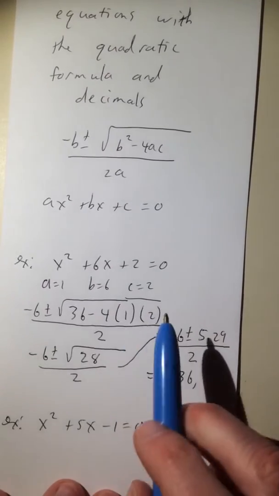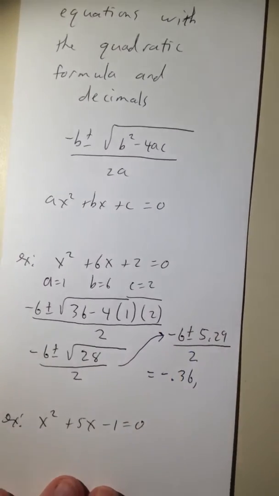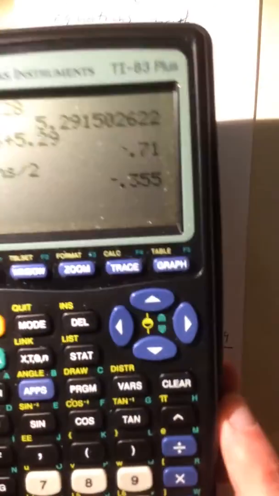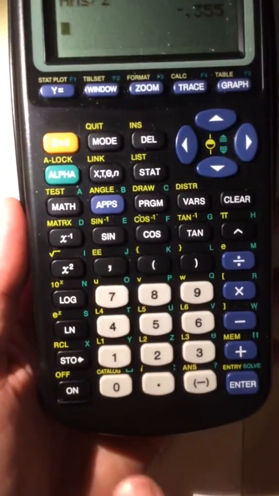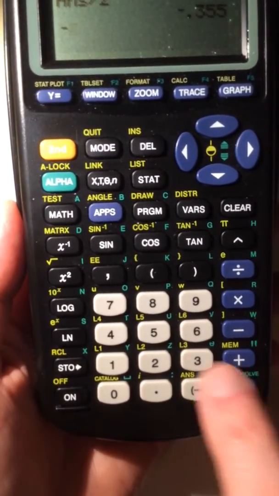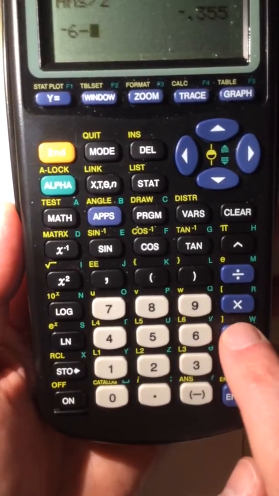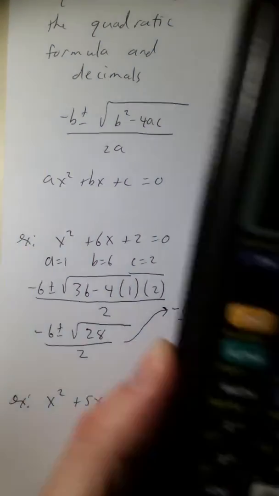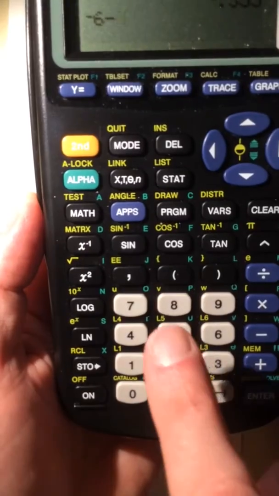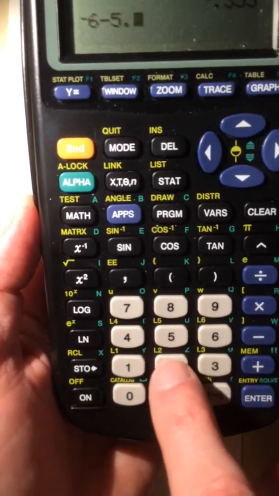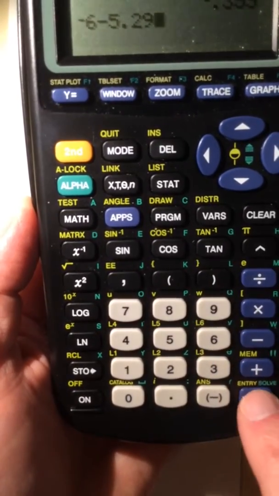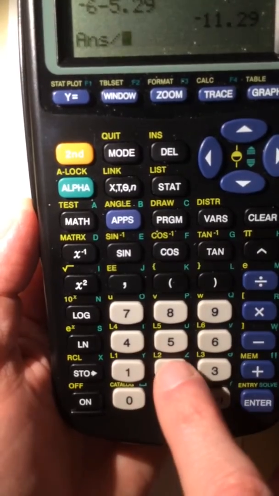And then we have negative 6 minus 5.29 divided by 2. So negative 6 minus, what was that again? 5.29, equals, divided by 2, equals.